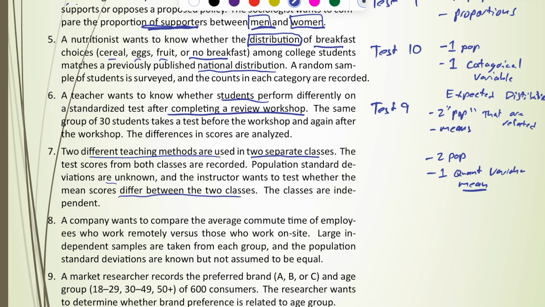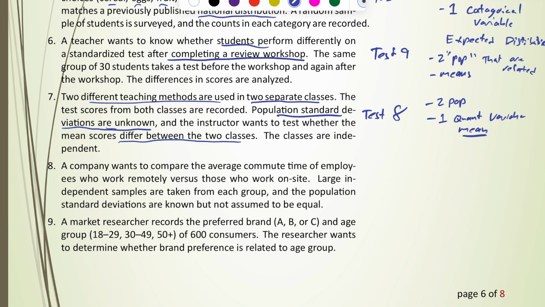But what about the population standard deviations? They're unknown, and it doesn't say that they're assumed to be equal, so it is unknown, unequal. So that's test 8.